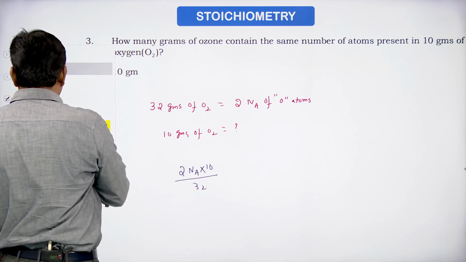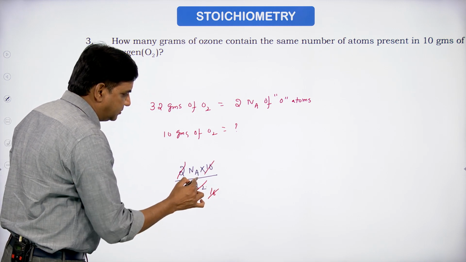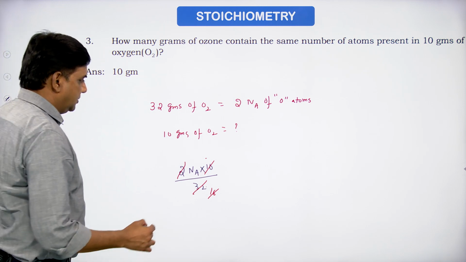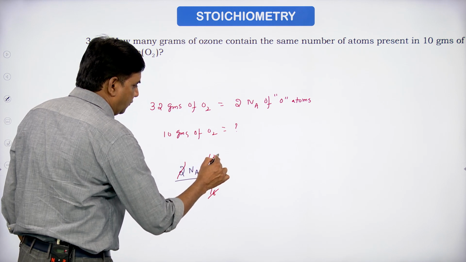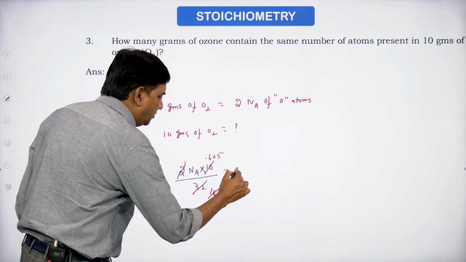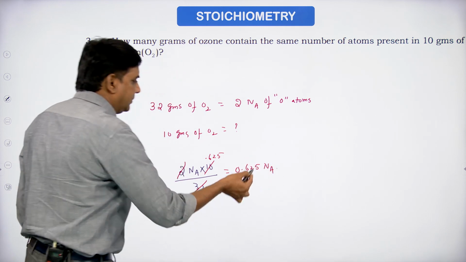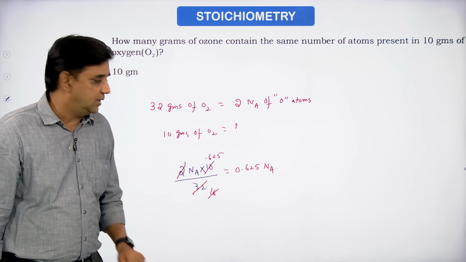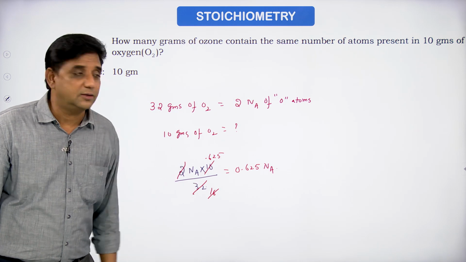On cancellation, this becomes 16, and this becomes 0.625. So the value is equal to 0.625 Na. This many oxygen atoms are present in 10 grams of oxygen. 0.625 moles of oxygen atoms will be present in 10 grams of oxygen.